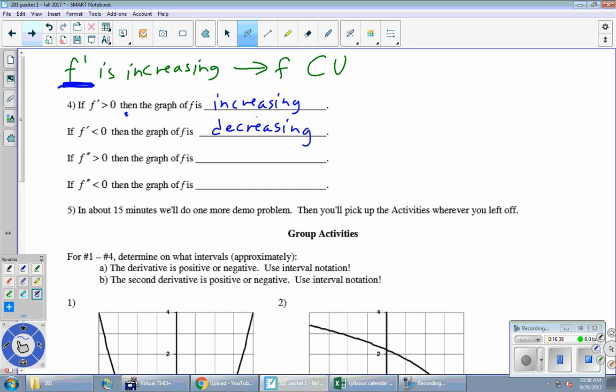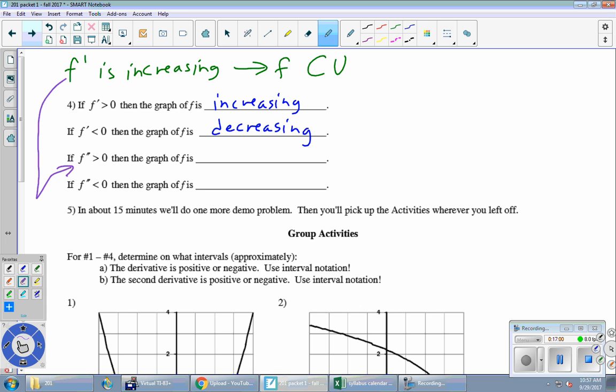So its derivative is positive, agree? And what's a good way to talk about the derivative of f prime? What would we call the derivative of f prime? F double prime, right? So f double prime is positive. And so that's the connection here, that leads directly to f double prime being positive.